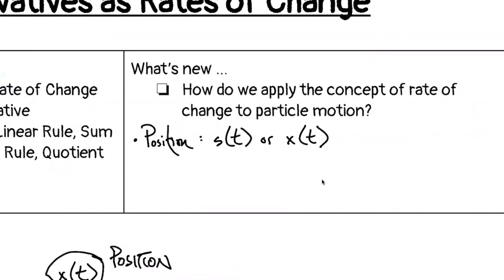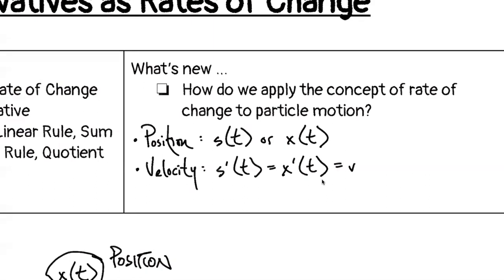We can determine a particle's position, but if we take that first derivative, we can determine the velocity of the particle. So we could say S prime of t equals X prime of t, that's our velocity function.